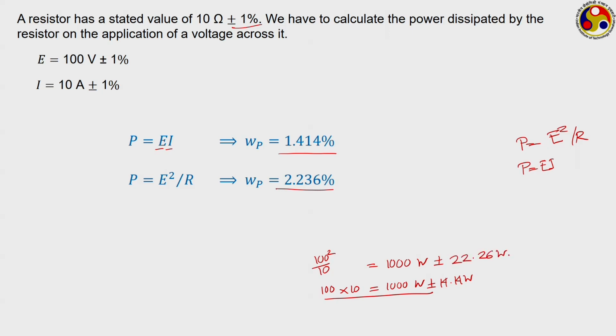So, a much higher error value, about 8 watt higher error prediction that you are going to get. So, this way we can identify which way to follow. Despite needing to do two measurements, it is always better to go for this: measure both potential difference and current, and accordingly calculate the power.